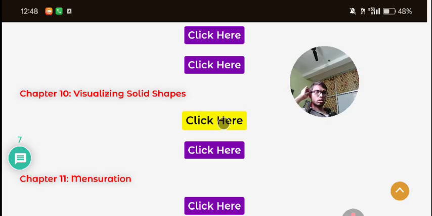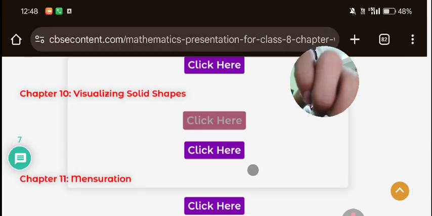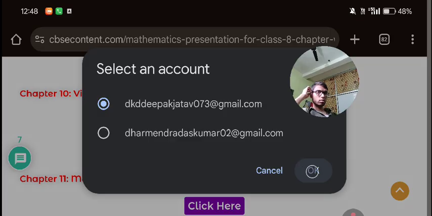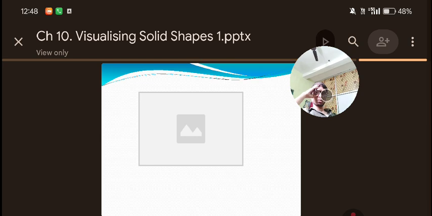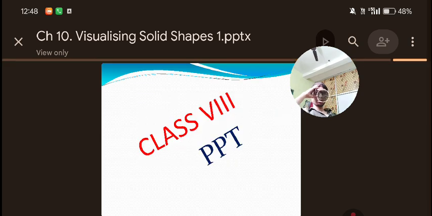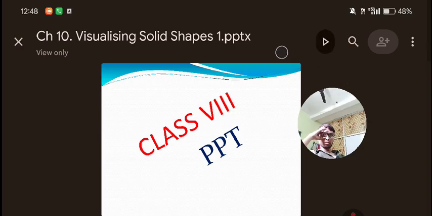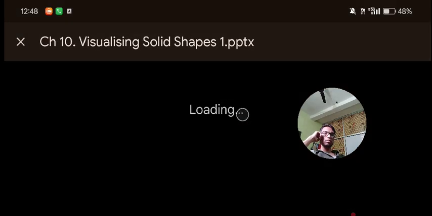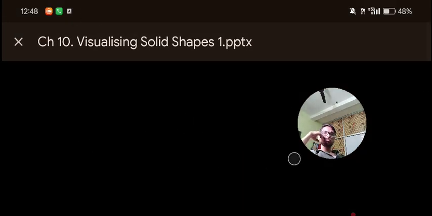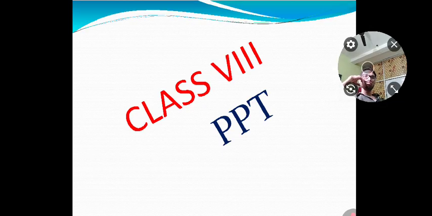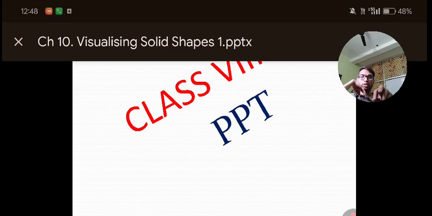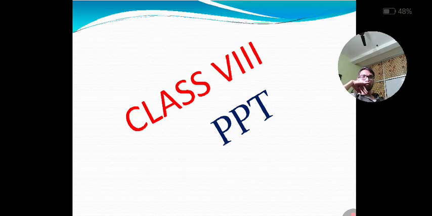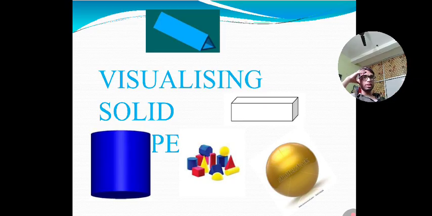Visualizing solid shapes. Let's see. These are shapes.